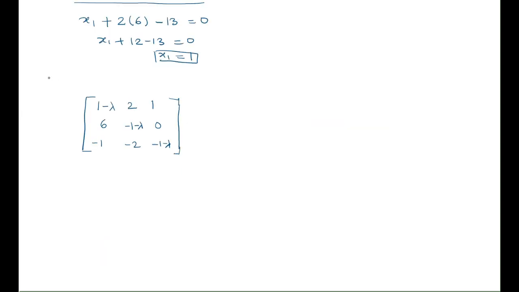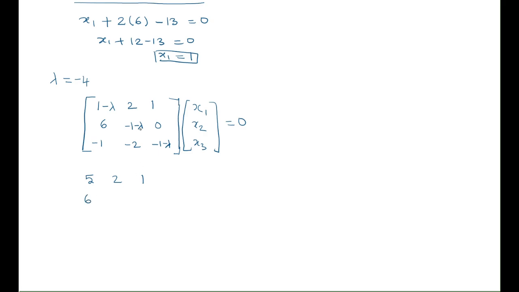Now let us find the eigenvector corresponding to the eigenvalue lambda equal to minus 4. So all we need to do is to put minus 4 in this matrix. So if I put minus 4, I have 1 minus times minus 4, it is 1 plus 4. So I have 5 and then 2, 1 and 6 here.